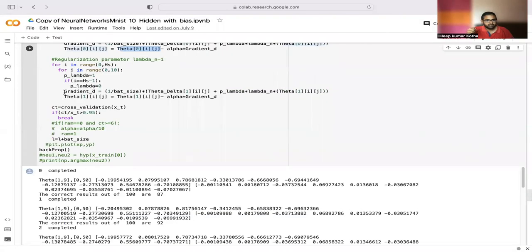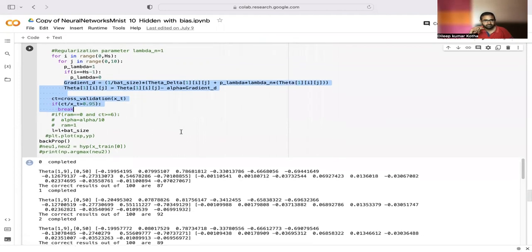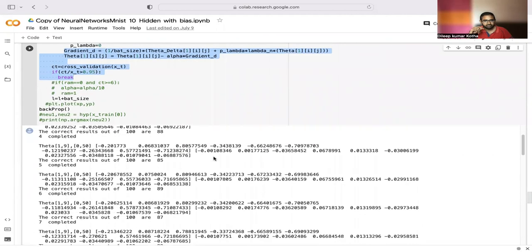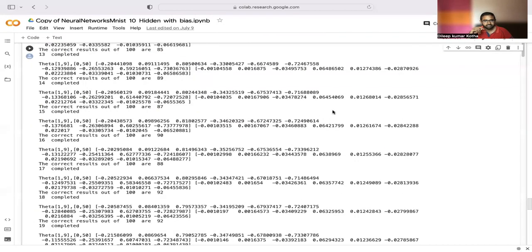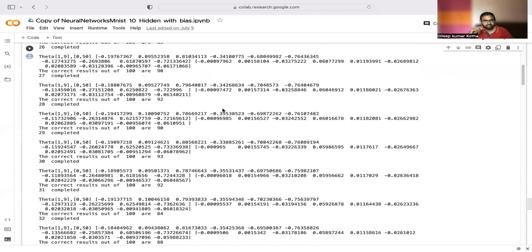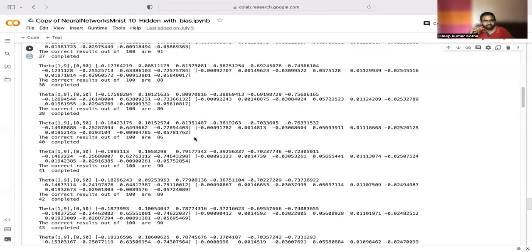Whenever I update the weights here, immediately I run the cross validation, and I check whether the cross validation accuracy is greater than 95%, then I break. Here we can see the cross validation accuracy: 88, 90, 93, 94, 88, 88, 90.